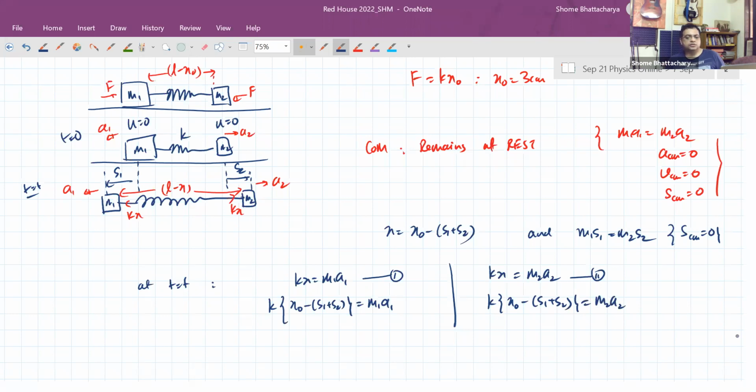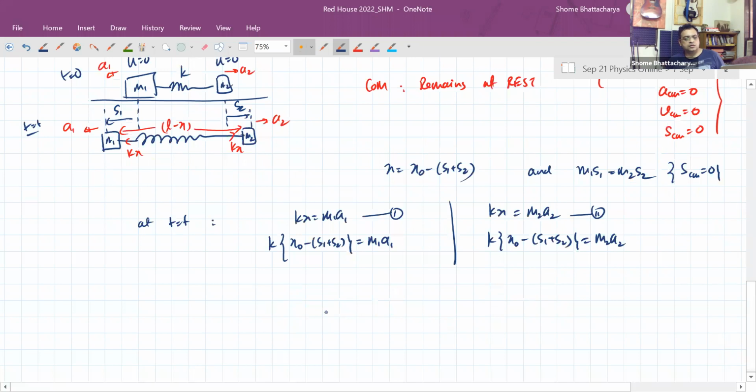Now in each of these equations, you can see S1 is to S2 is equal to M2 is to M1.